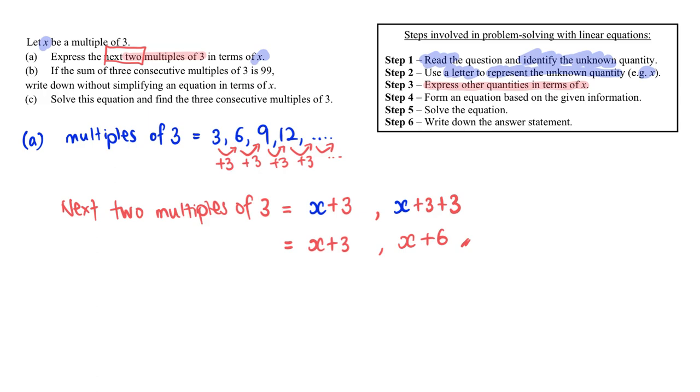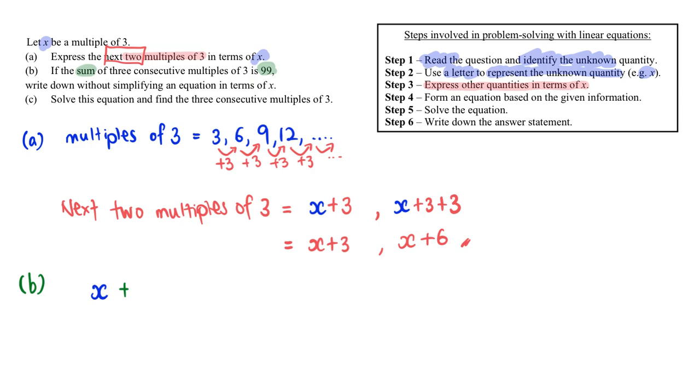For part B, now, we are talking about the sum of these 3 consecutive multiples of 3 is 99. You write down, but you don't simplify this equation in terms of x. So for part B, we just require us to write down an equation, meaning we have the first multiple of 3, x, and sum means plus.